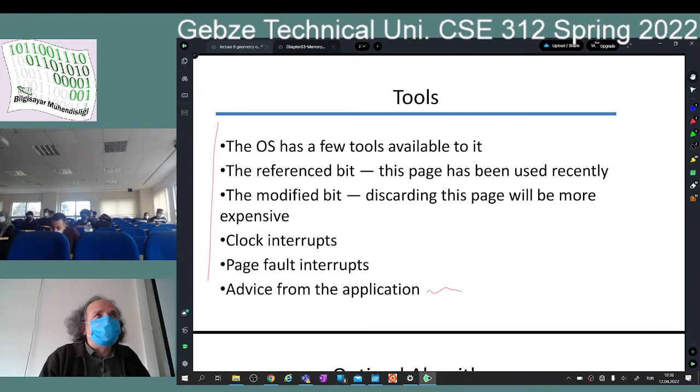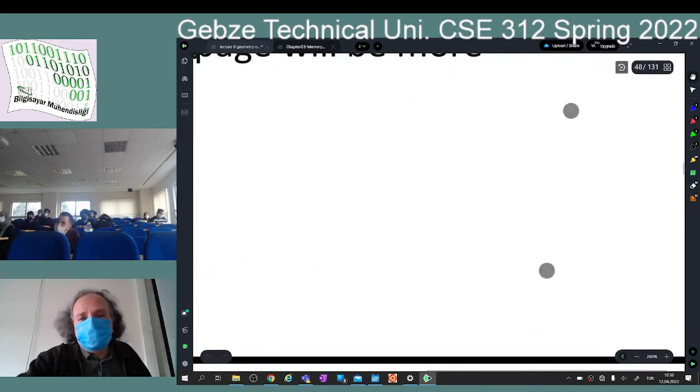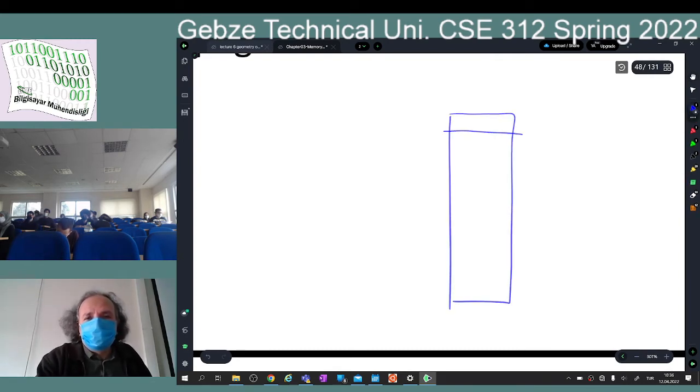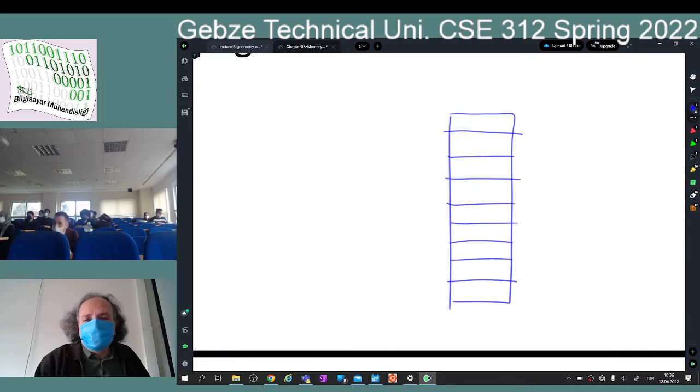The operating system says that, with the help of the hardware, of course, for each page, remember this is the case, this is my virtual address space. Virtual address space is divided into virtual pages, of course.